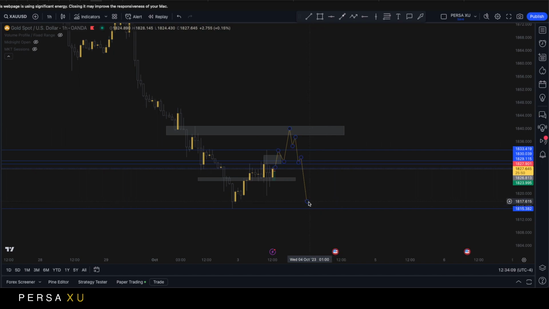I like this outcome because, like I said, it's probable that we are going to have more positive news for the dollar, and so it makes sense for gold to at least make a second attempt to break the lowest low.